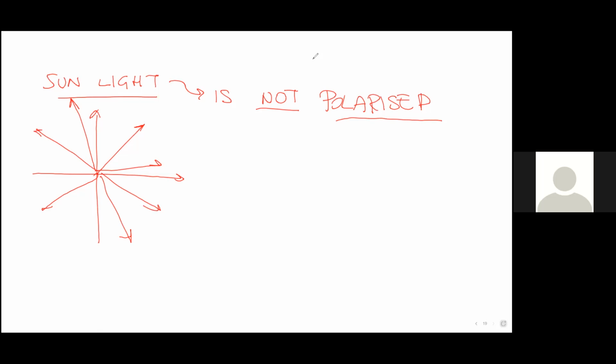Light from the screen of your laptop, how is the polarization? It's linear polarization at 45 degrees, because you have liquid crystals inside.